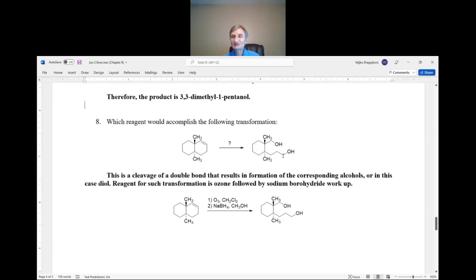A more vigorous reductive workup involves sodium borohydride. That's a stronger reducing agent, and so that one reduces the intermediate all the way to alcohols. And so that means that the reagent was ozone and the workup was carried out with sodium borohydride.